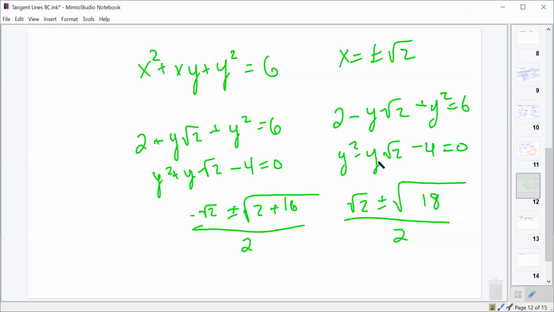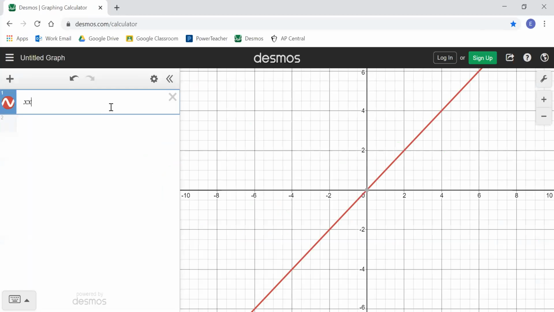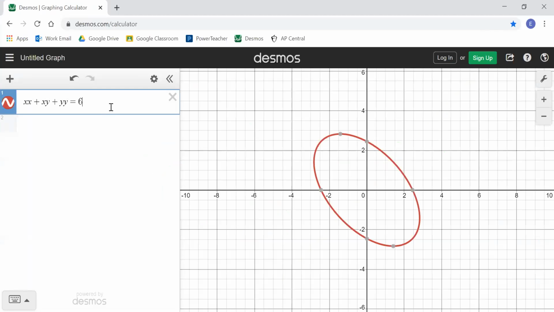What does the graph look like? Let me pull up Desmos. So it should be x squared plus xy plus y squared equals, what was it equal to, 6?